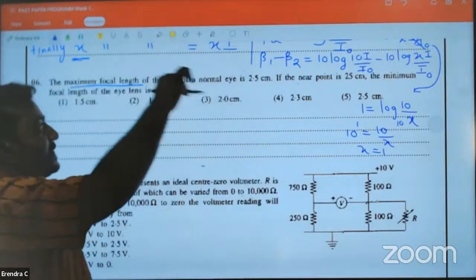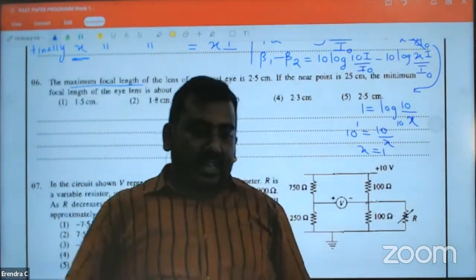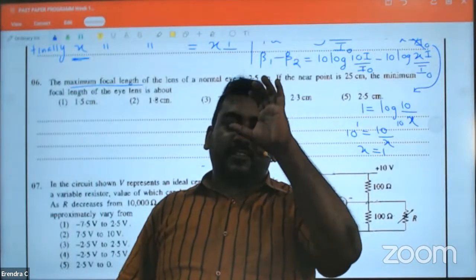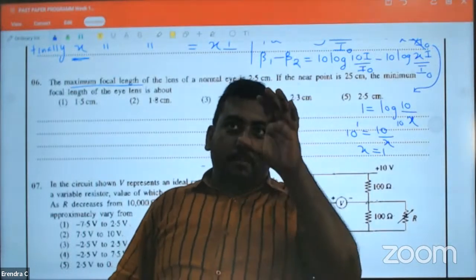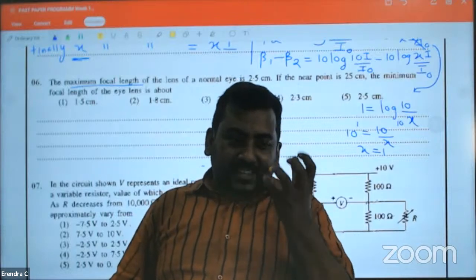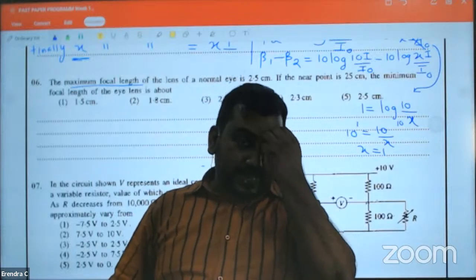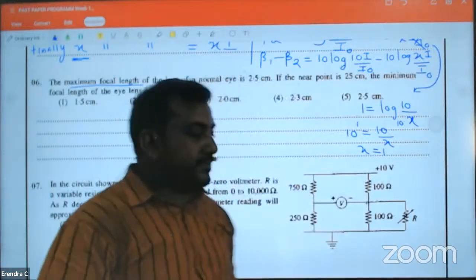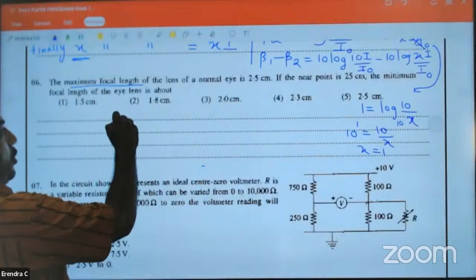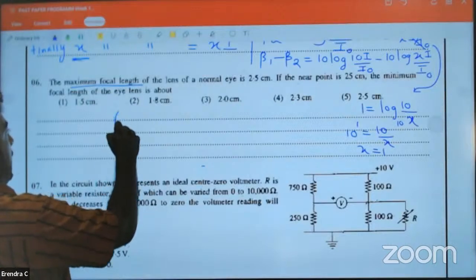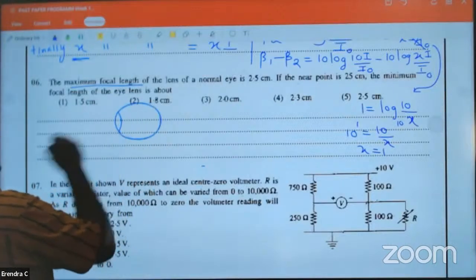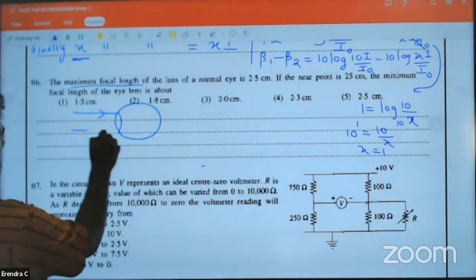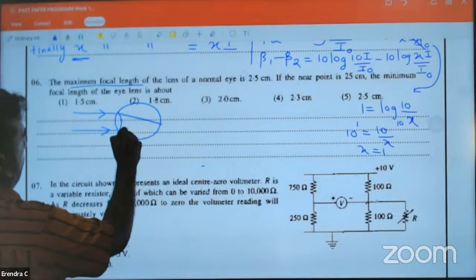Maximum focal length. When do you have a maximum focal length? When light rays are coming from infinity. Maximum focal length means power is minimum. Minimum focal length means from the near point, power is maximum. Don't forget. So here you go. Light rays coming from infinity converge on the retina.